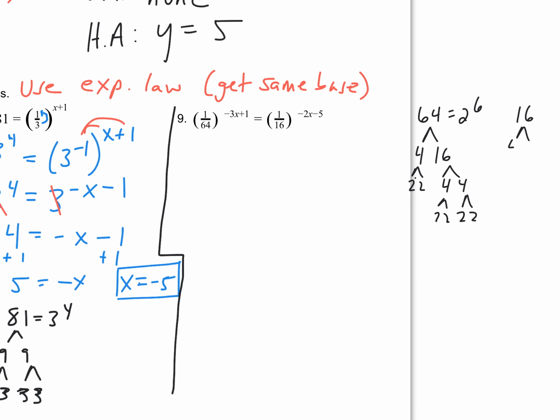16, again, if we break that down, we've got 2s, so 16 is 2 to the 4th power. Now remember, these both need negative exponents because they're on the bottom right now. So this is actually 2 to the negative 6th.